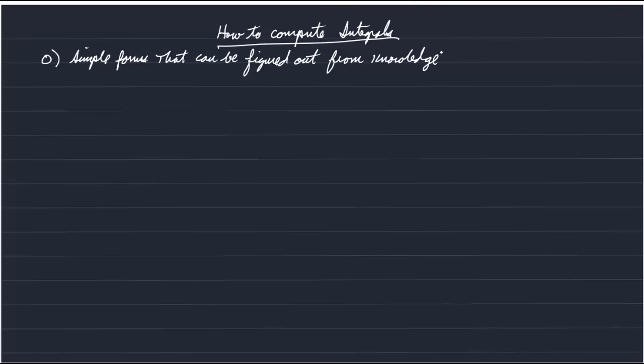They can be figured out from knowledge of basic derivatives. Some examples of that are the integral of a x raised to the n power, which is equal to a times x to the n plus 1 over n plus 1 plus c.